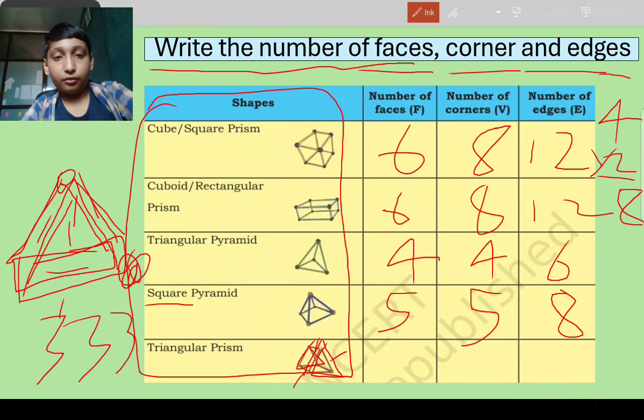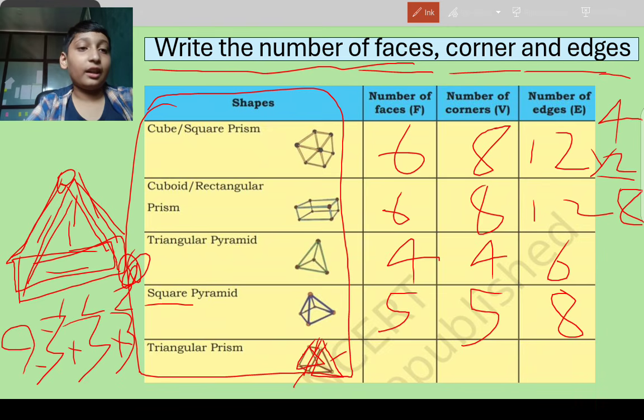This is the first triangle, this is the lines, and this is the second triangle. All of them combined equal 9.